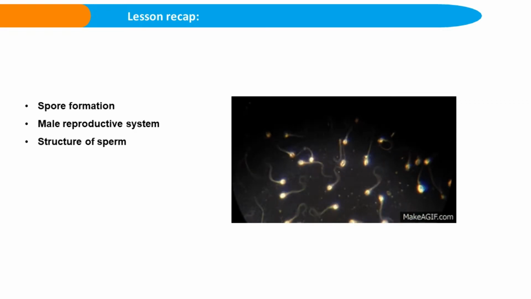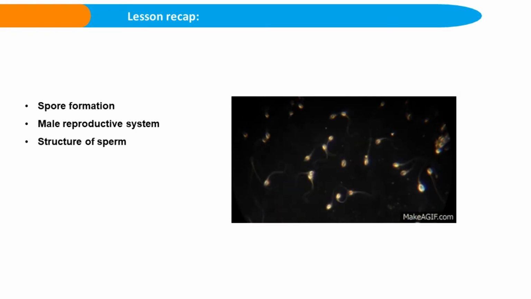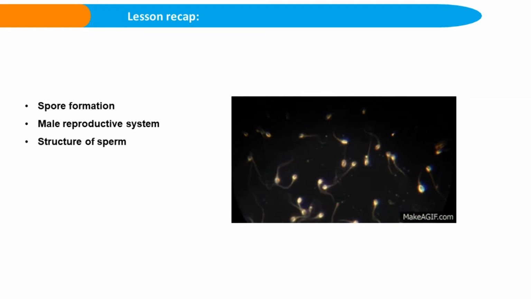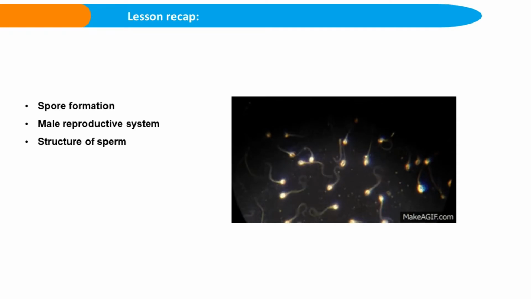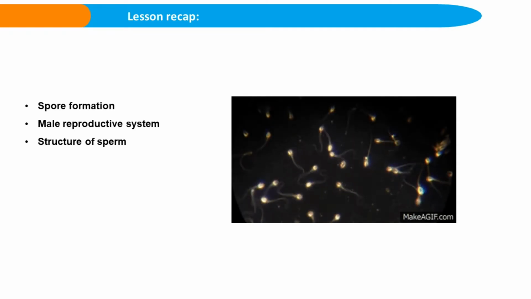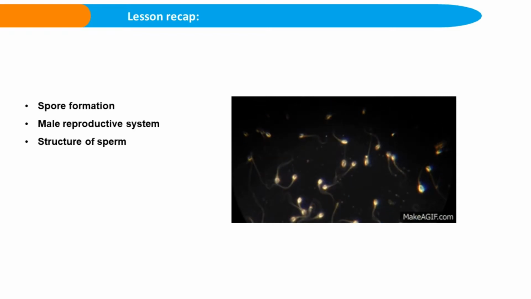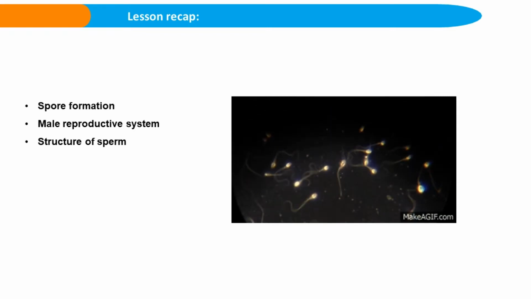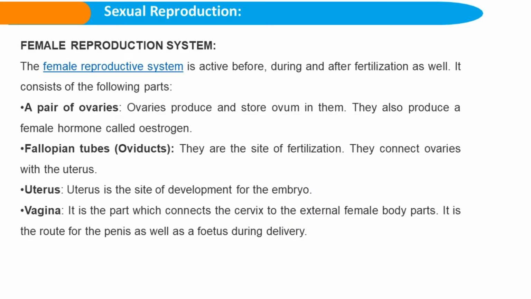In today's session, we are learning about the female reproductive system, childbirth, and under sexual reproduction in plants, some basic points like unisexual flowers, bisexual flowers, self-pollination and cross-pollination. Let's enter into our topic, that is the female reproductive system.